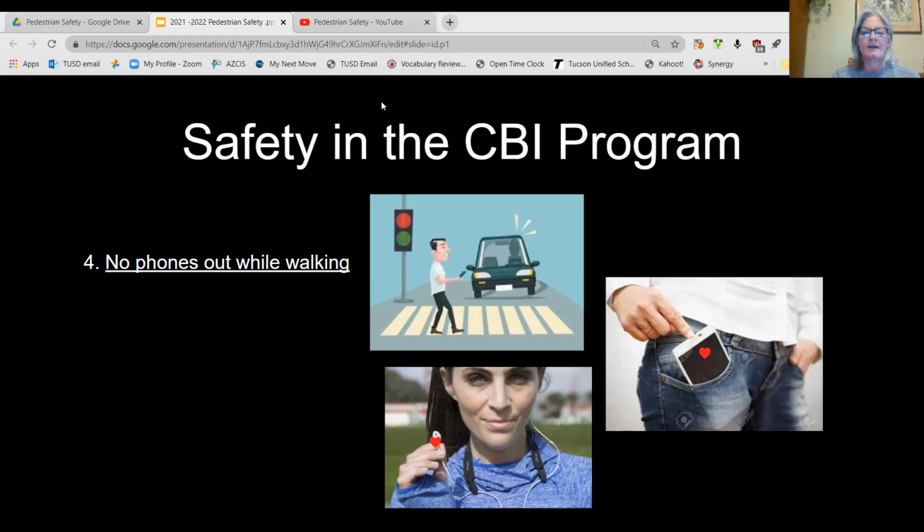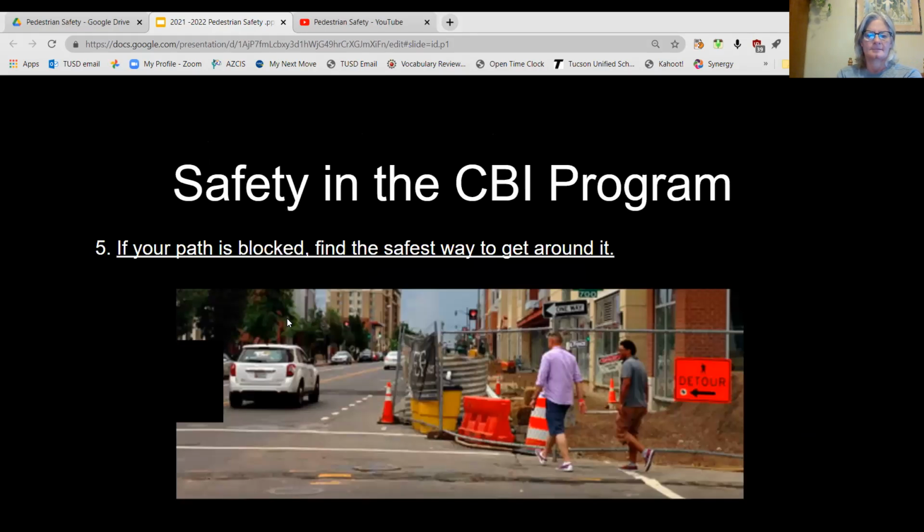And right here, this is a big no-no. Put those cell phones away when you're out into the community. Again, one earbud out at all times. Phone in the pocket.